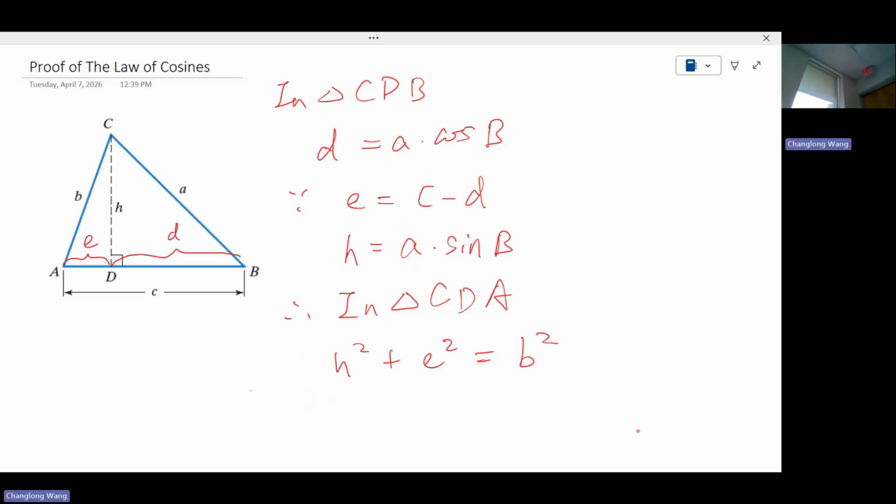The two perpendicular sides, the sum of the squares is the hypotenuse squared. What is h? h is a times sine b, right? Go ahead and plug it in. a times sine b, squared. What is e? e is c minus d. But what is d? d is a times cosine b, squared. Okay? And the b squared is still there.